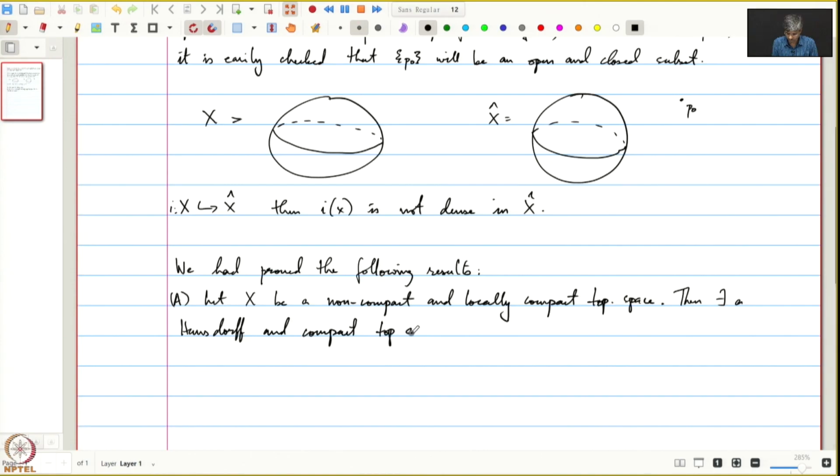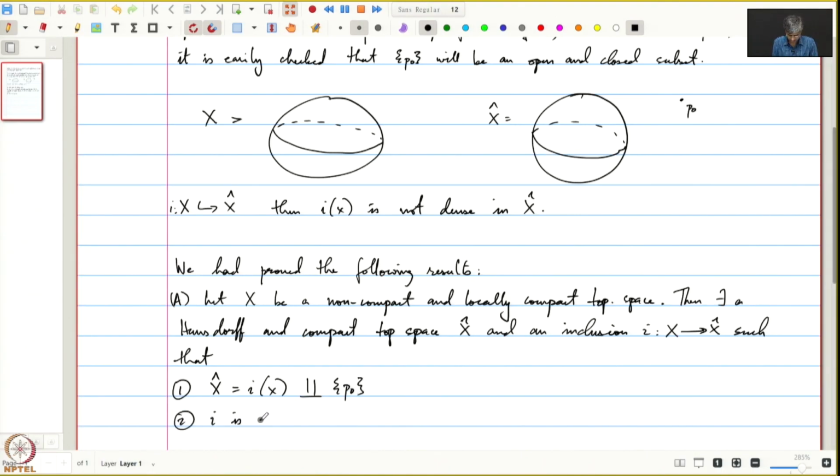topological space X hat and an inclusion I from X to X hat such that the following four things happen. One, X hat is simply I of X, disjoint union one more point, P naught.